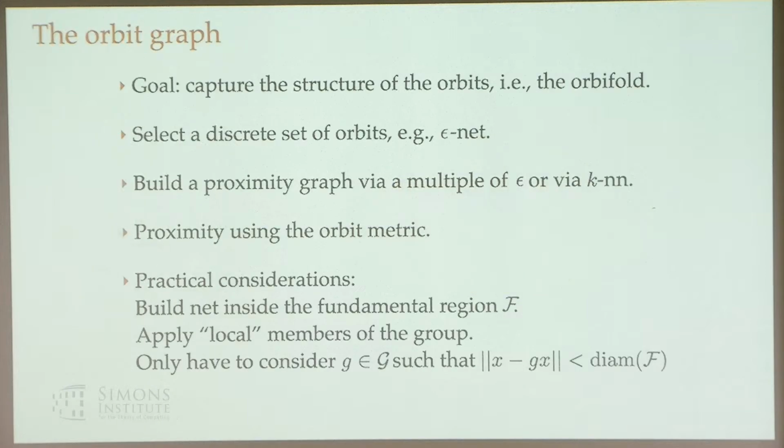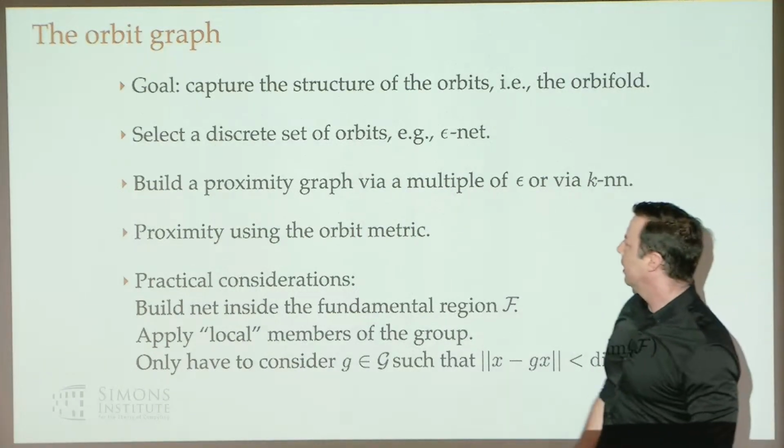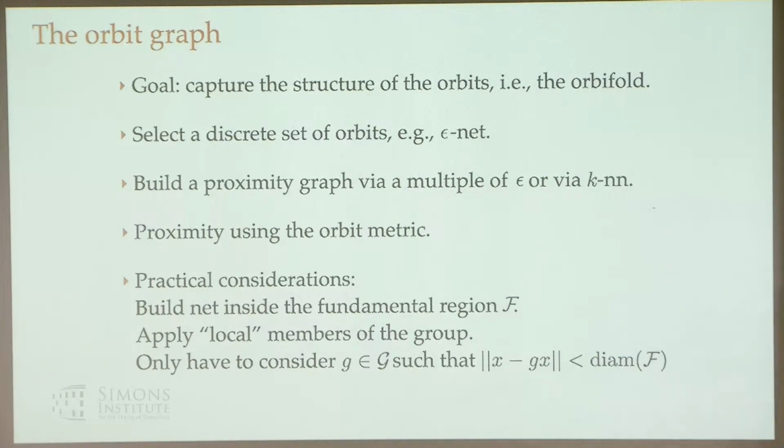All right, the way we're going to get at that orbifold is we're going to approximate it with a graph. And the way we're going to do that is we're going to choose some finite set of orbits, and that corresponds to choosing a finite set of points in that fundamental region. We're going to build a mesh essentially on that, representing some notion of locality in the graph. So we think of this as an epsilon net.